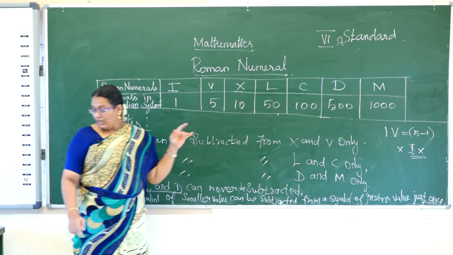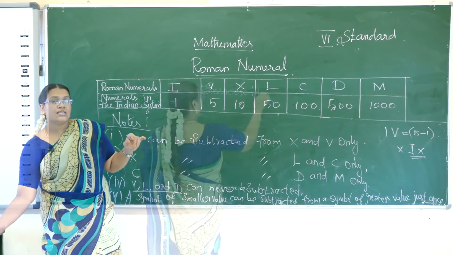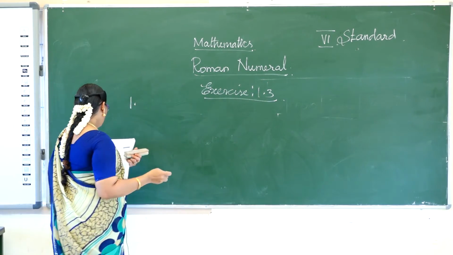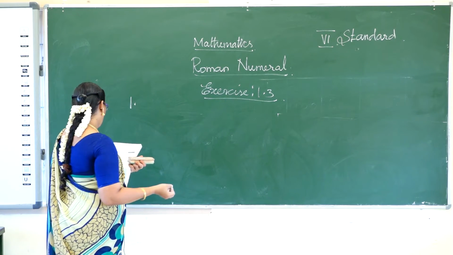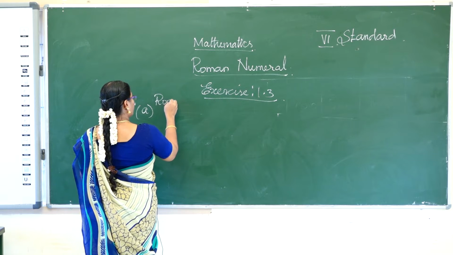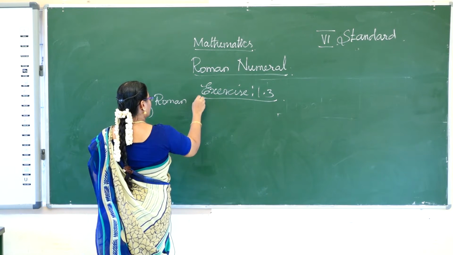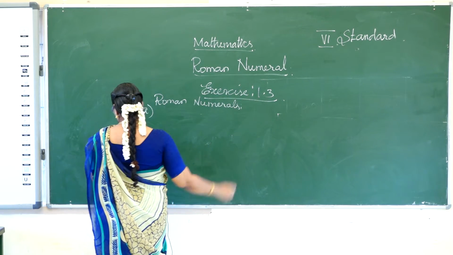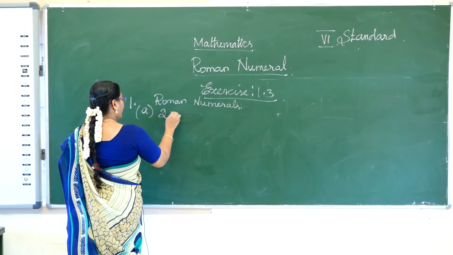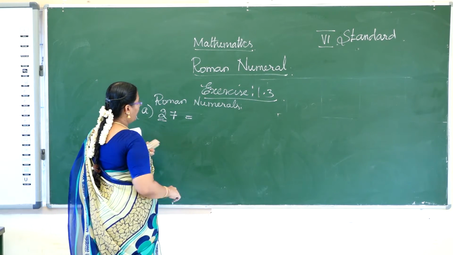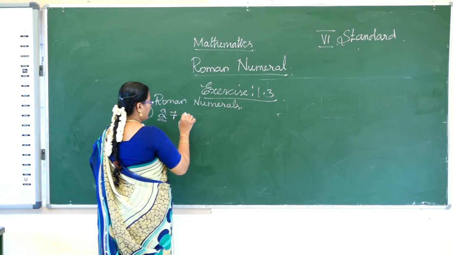Okay. Next, now see exercise 0.3. The first one, write the Roman numerals for each of the following. So, first one, 27 is given. So, how many tens are in 27? First write the split form.